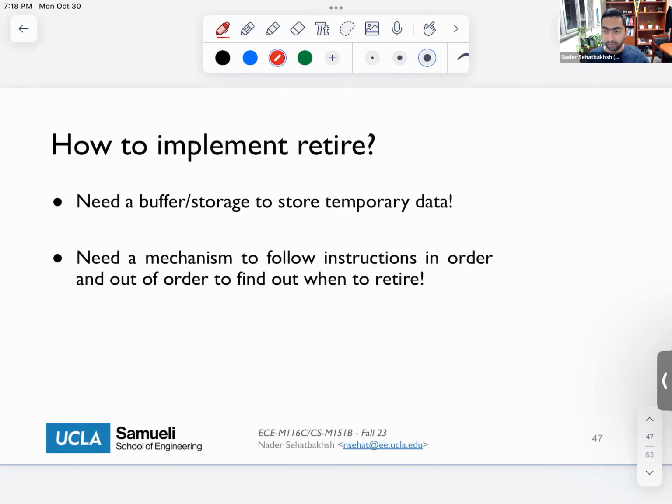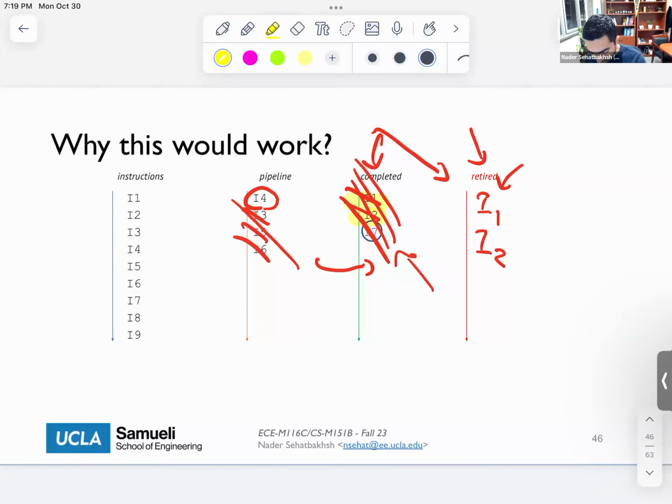All right. So how do we actually implement this retire? That's the last thing I want to show you. We basically need additional storage, a buffer that sits between the final results of the pipeline and the retire. So we need something at the write back stage to store these things temporarily. All right.